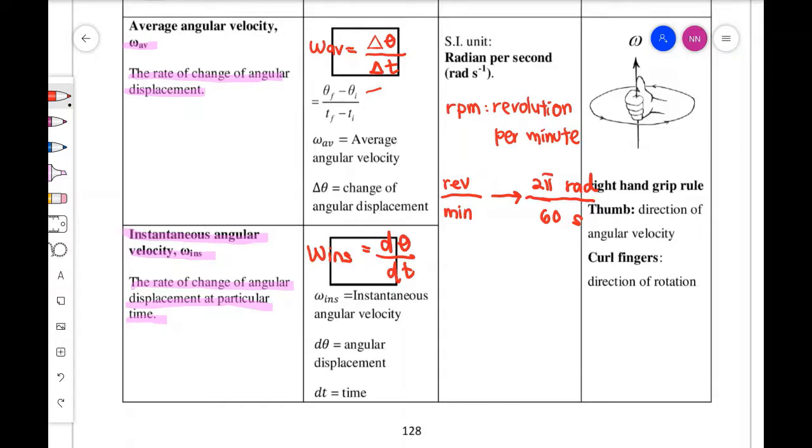Sometimes the question gives you revolution per minute or revolution per second, so you have to convert to the SI unit, radian per second.